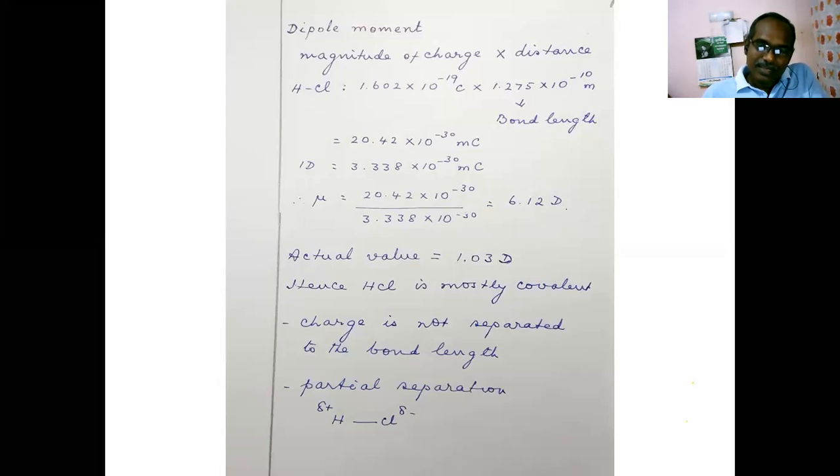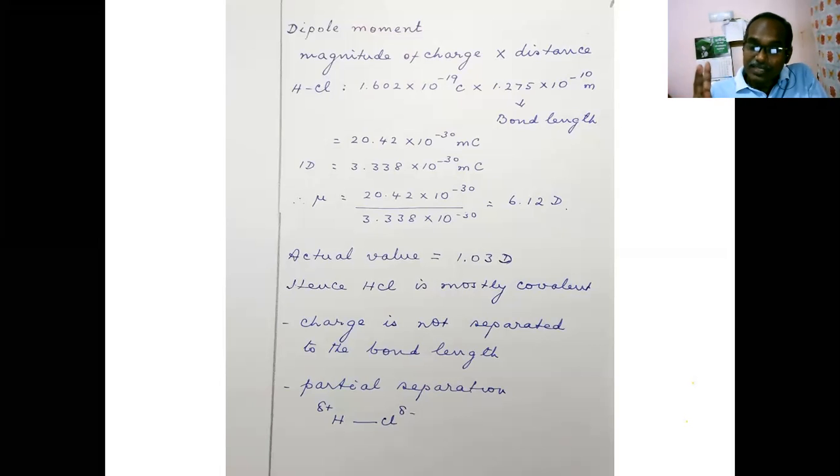So, the error is supposed to be in the two assumptions we have made. What is the first assumption? There is a complete transfer of electron. That means the electron density is completely shifted from the hydrogen atom to the chlorine atom. So that assumption is wrong.